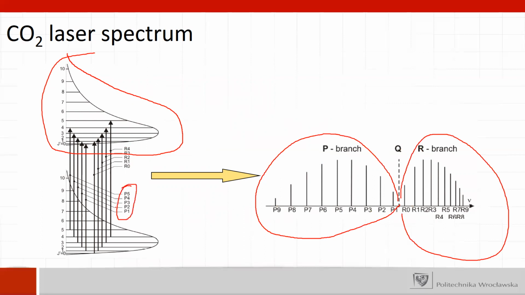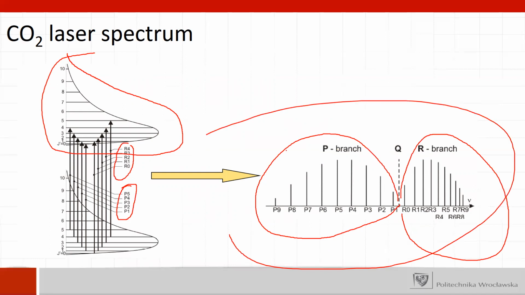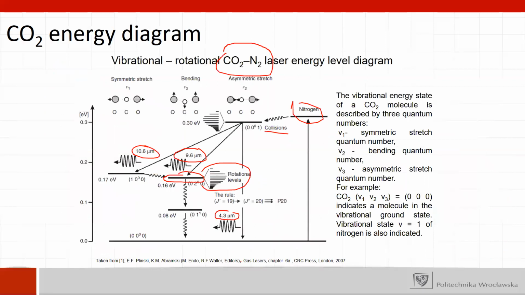So the P transitions here, and the R transitions here. So the spectrum of the CO2 laser will always look like that. This is just a very characteristic signature of a CO2 laser, and this originates from the fact that these energy levels are not just single levels, but a group of many rotational levels.